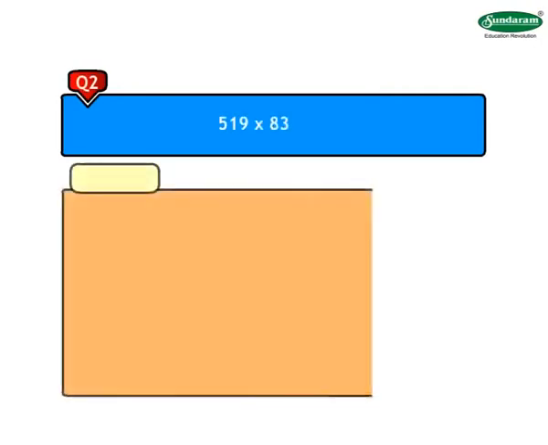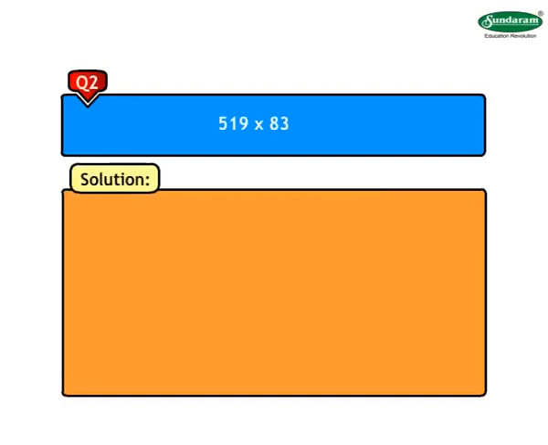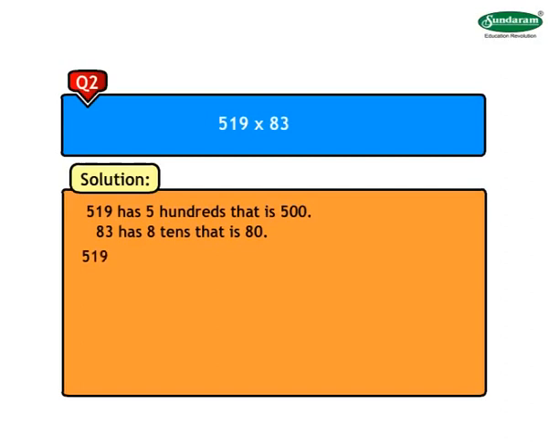Question 2. 519 into 83. Solution. The number 519 has 5 hundreds, that is 500. The number 83 has 8 tens, that is 80. Now, 519 is greater than 500. 83 is greater than 80.